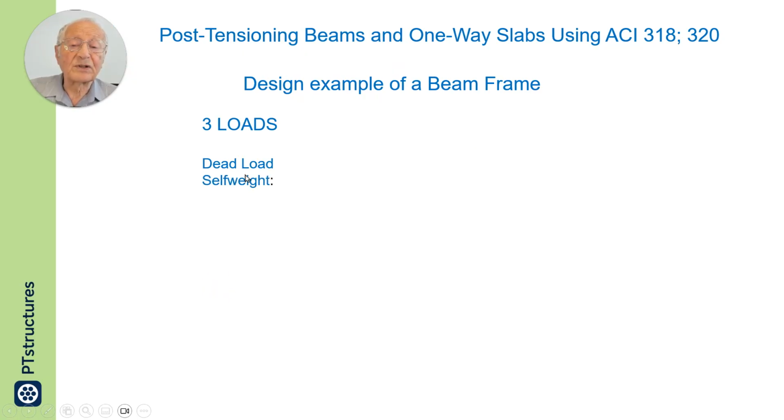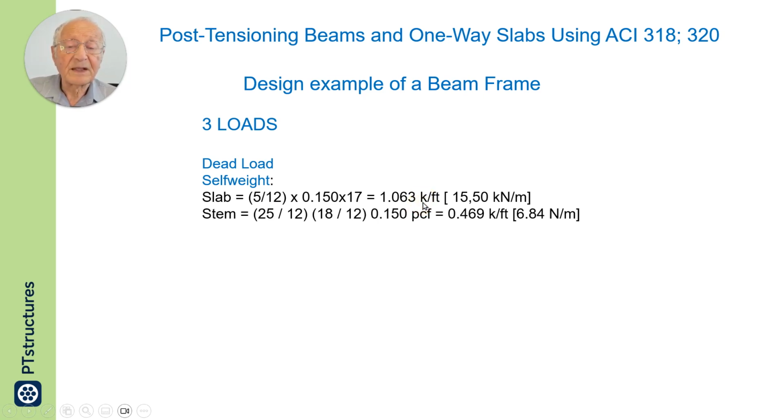Next, it comes to loads. There is dead load consisting of self-weight, which is based on the cross-sectional geometry and unit weight of concrete here. This is the force per foot from the slab, and this is from the stem, geometry of the stem times unit weight.